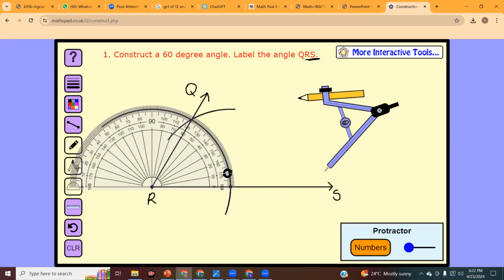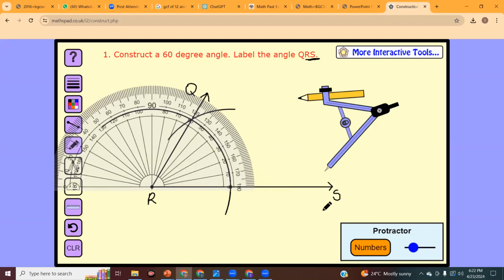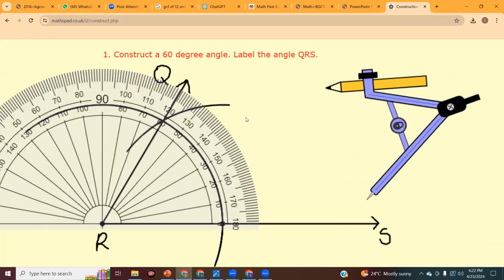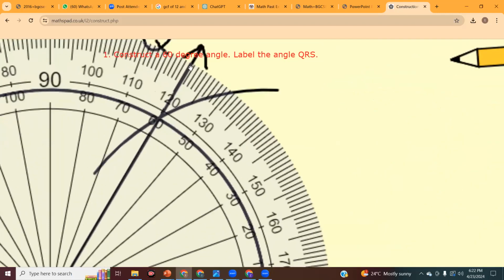Let me see if mine makes the cut. Let's see. This is 0, this is 10, this is 20, this is 30, this is 40, this is 50, and this is 60.